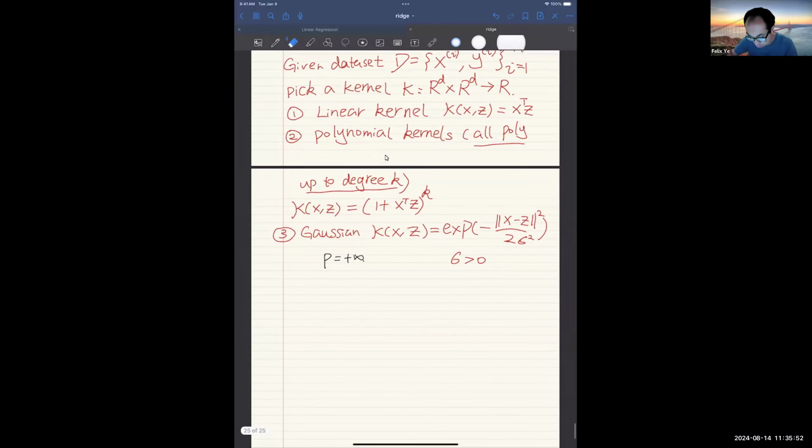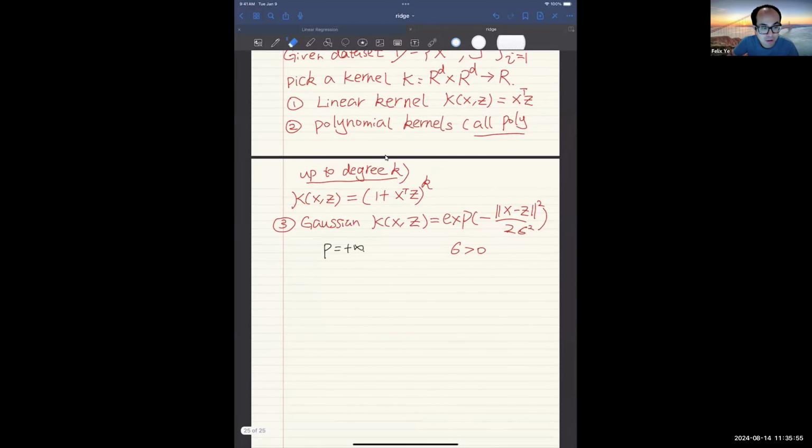You cannot choose a kernel arbitrarily. We don't need to know the corresponding phi explicitly, but it has to exist.